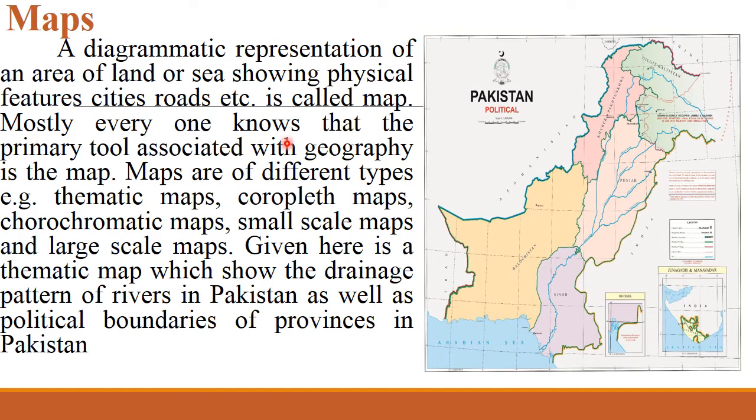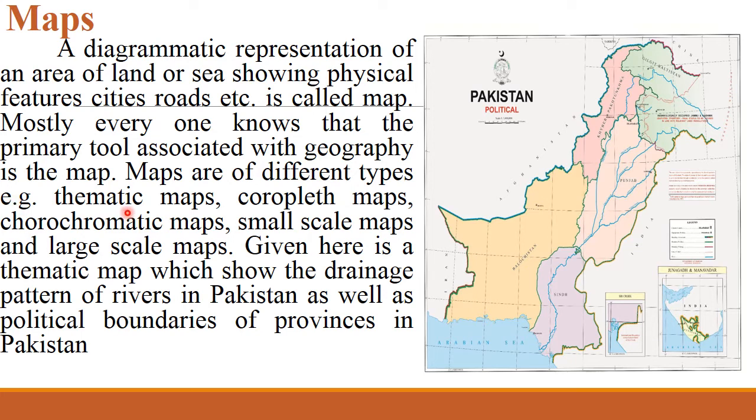Mostly everyone knows that the primary tool associated with geography is the map. The writer is saying that the common and most important tool to understand geography is the map. Maps are of different types.